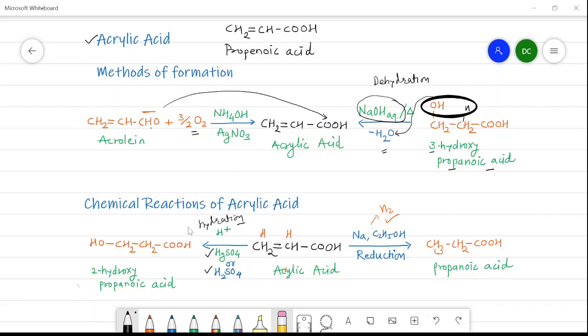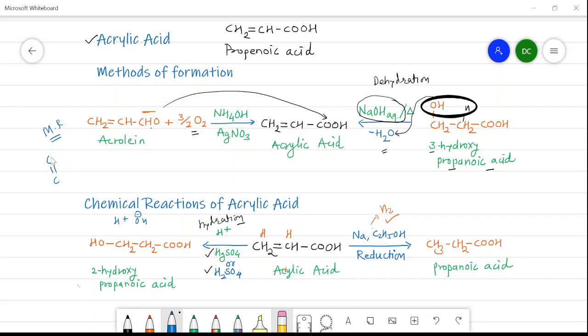But this hydration reaction occurs via anti-Markovnikov rule. How? Look here. The water molecule will give H plus and OH minus ion. And we know that the addition reaction across a carbon double bond carbon always occurs according to the Markovnikov rule.